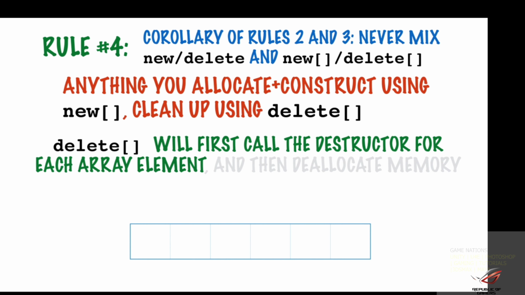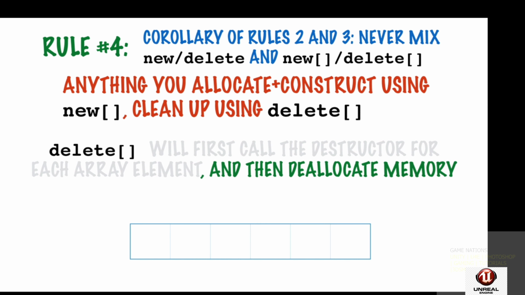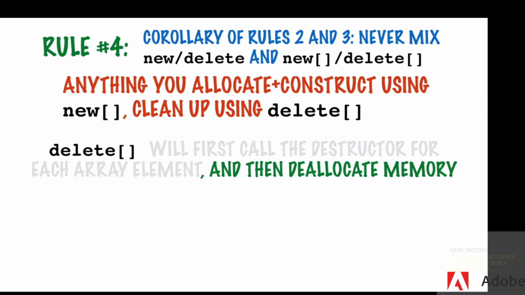Each element, because the destructor has been called on it, has been destroyed and is no longer a valid element. The delete with square brackets first makes sure that each element is invalidated by calling its destructor. And then finally, we have the very last step. The array memory is still allocated. Delete with square brackets will now deallocate the memory. The memory is now free for anyone to use.